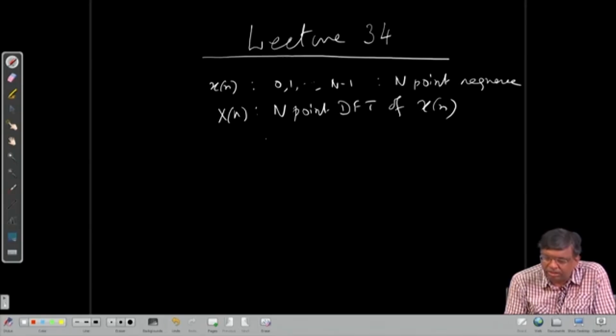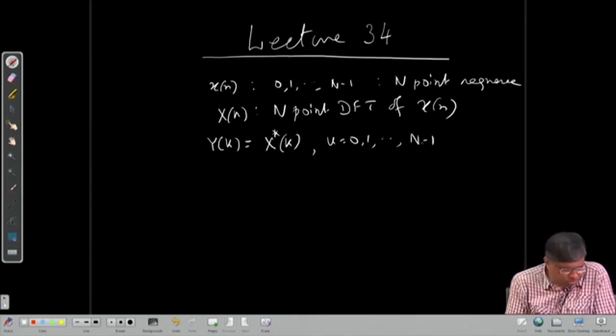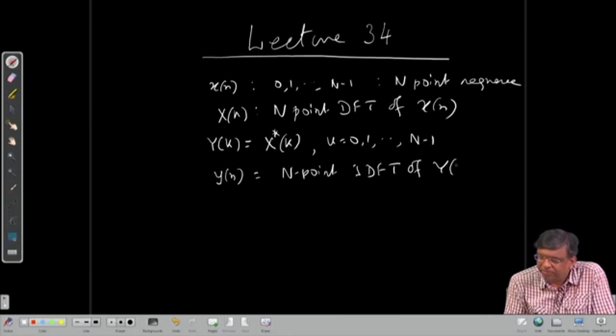Then suppose I take the conjugate of each X k, call it X star k, and call that Y k, again for k equal to 0, 1, ..., N minus 1. Then if I take the inverse DFT, y n, which is the N point IDFT of Y k, what is y n? That was the question.